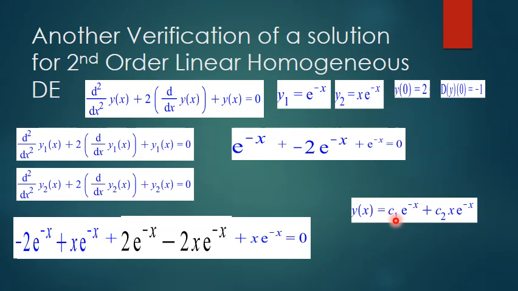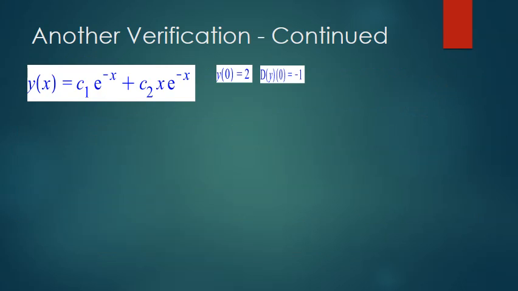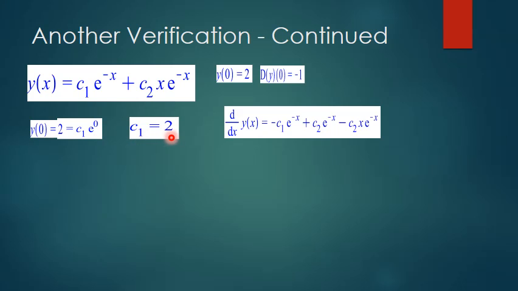Let's find out what coefficients C1 and C2 have to equal to satisfy these conditions. To do that, I plug in the value of the function at x equal to 0, and I get C1 is equal to 2. I have to take the derivative of my solution, so this is the derivative of my solution.